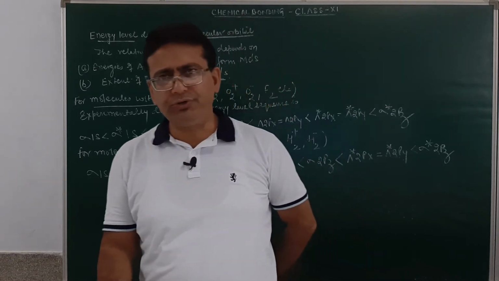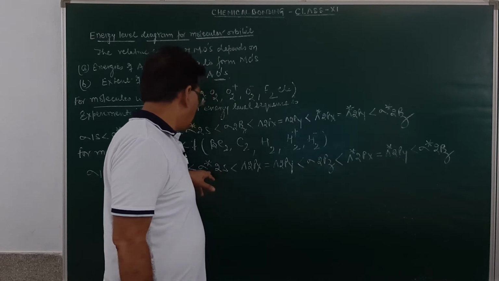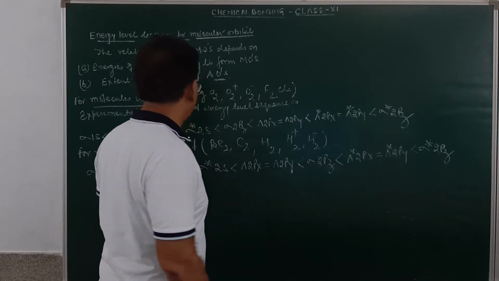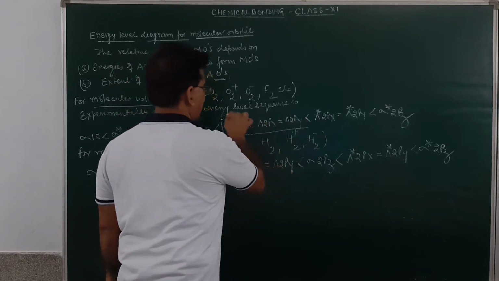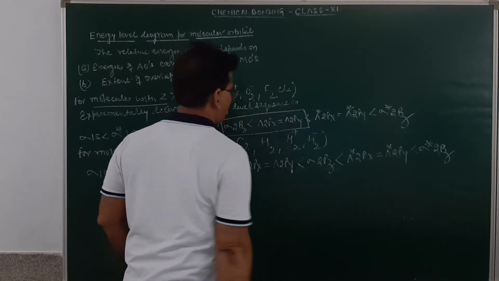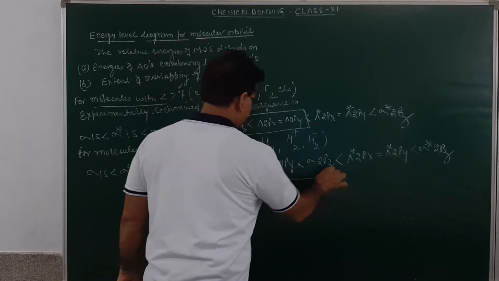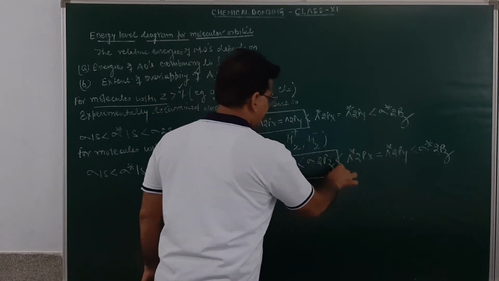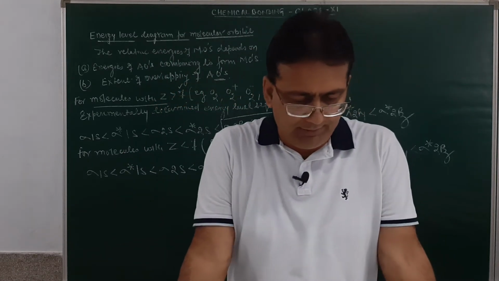Am I clear, students? Here one point is to be noted: for Z greater than 7, sigma 2pz is before pi 2px and pi 2py; here sigma 2pz is after pi 2px and pi 2py.